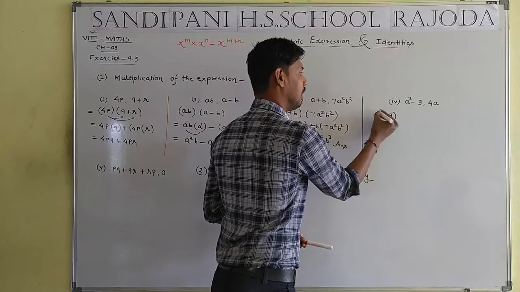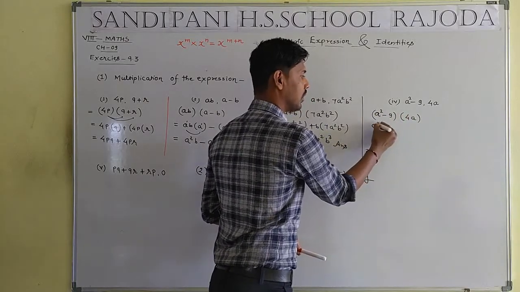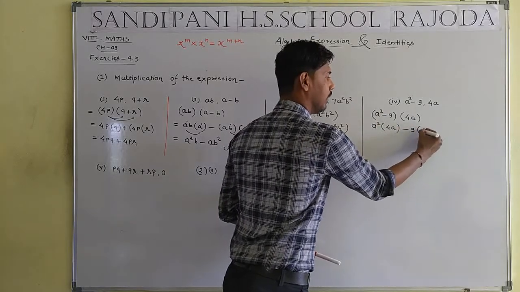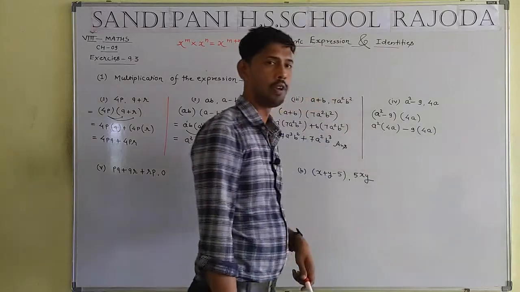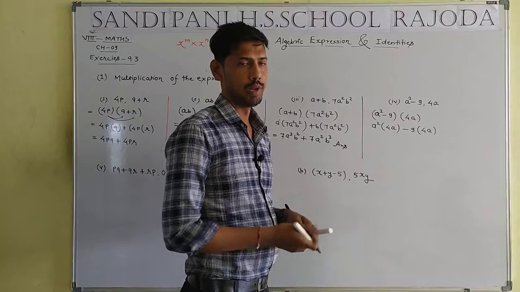a square 9 multiplied by 4a. Students, here a square will be multiplied by 4a and 9 will be multiplied by 4a.